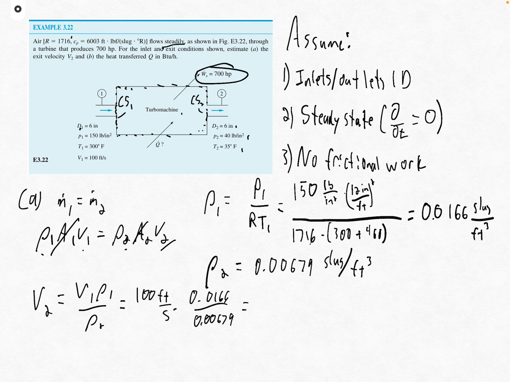Noting the units of rho are going to cancel out in this case, and we're going to get that in order for mass in to be equal to mass out, V2 has to be equal to 244 feet per second.